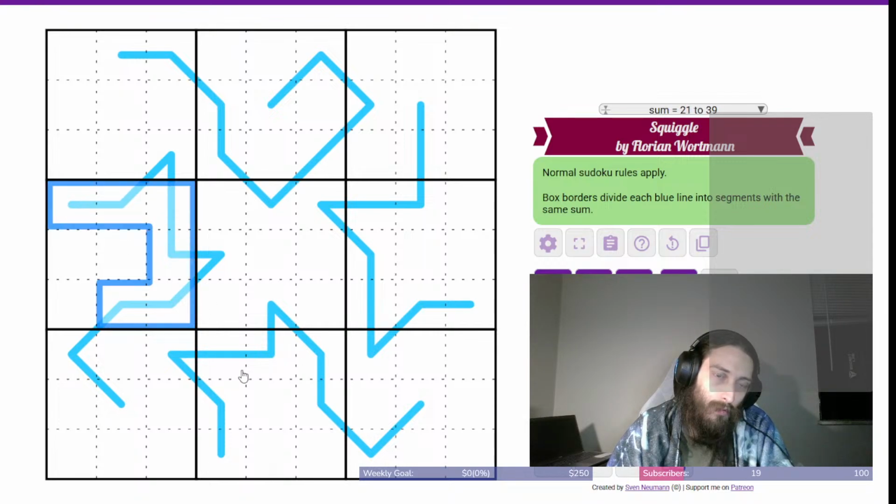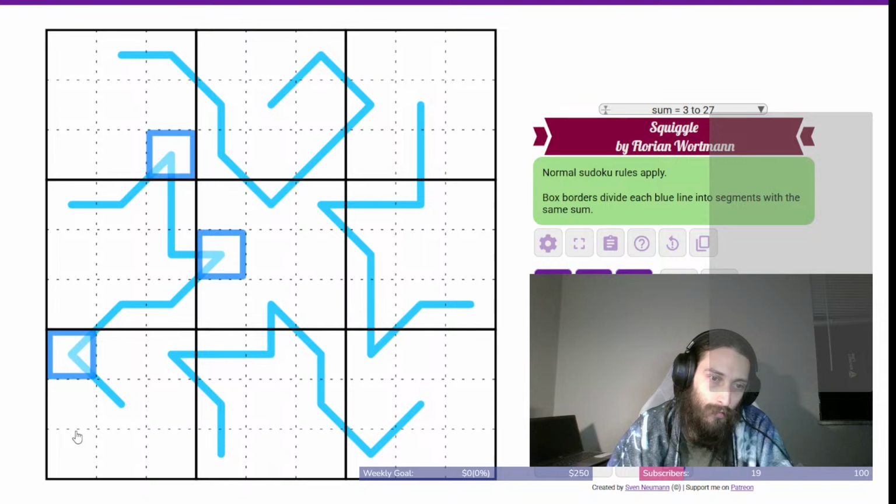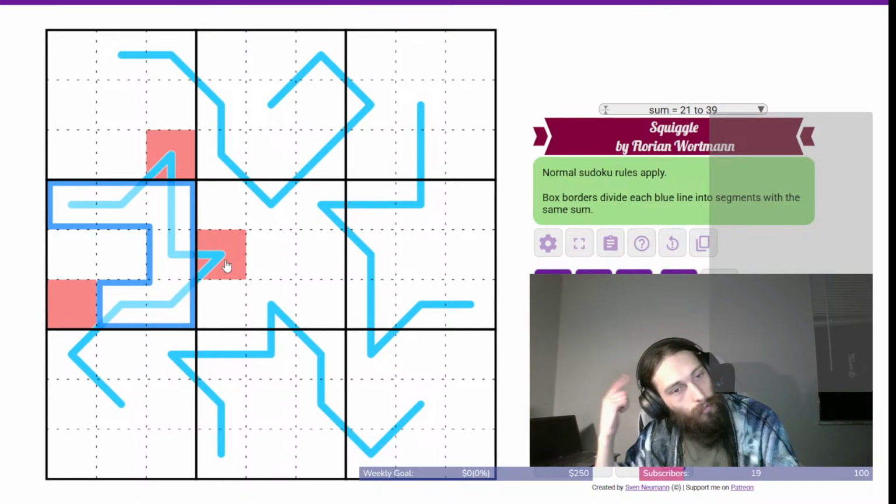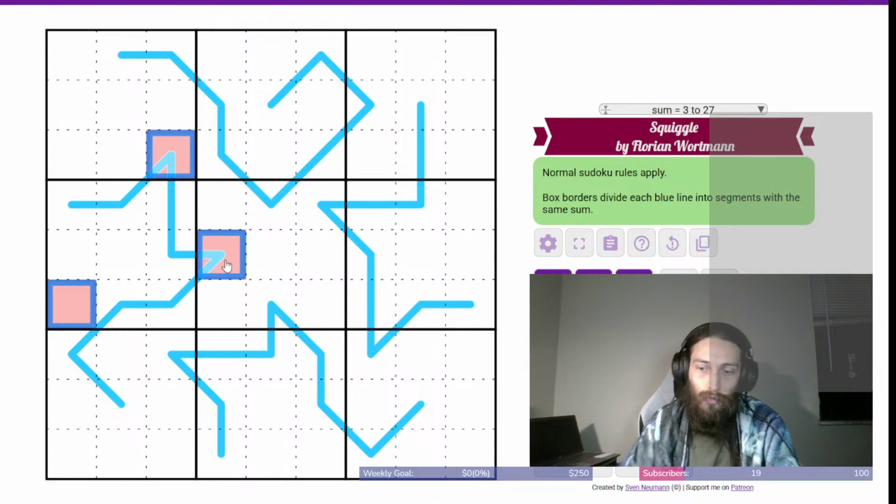Well, you have to be able to make this version in three different segments. So it obviously isn't 4. Minimum 21. Right. So that's a 6, 7, 8.